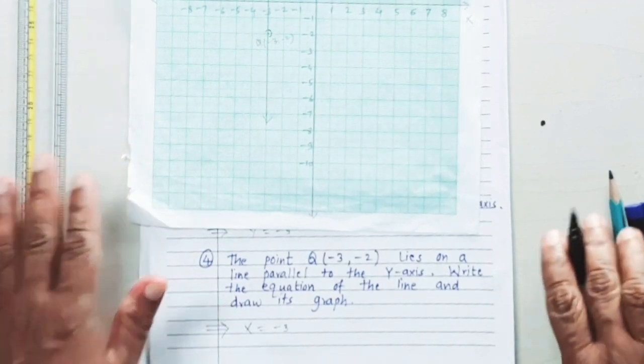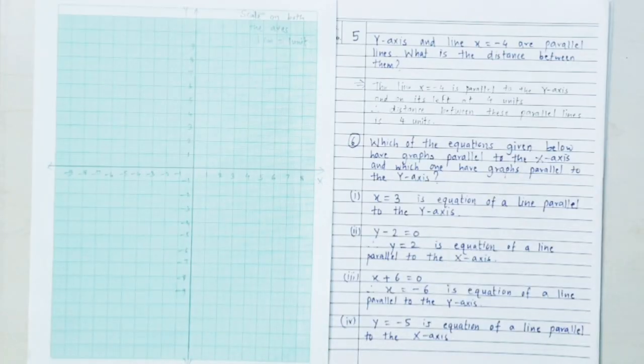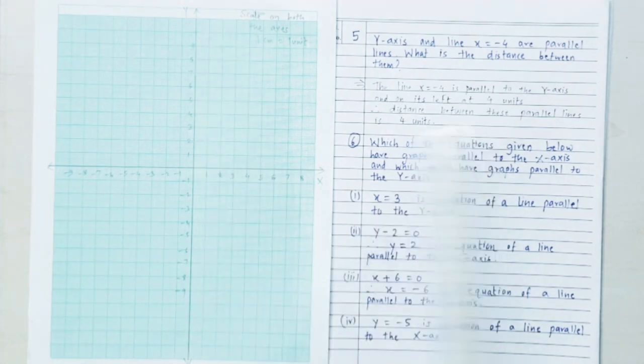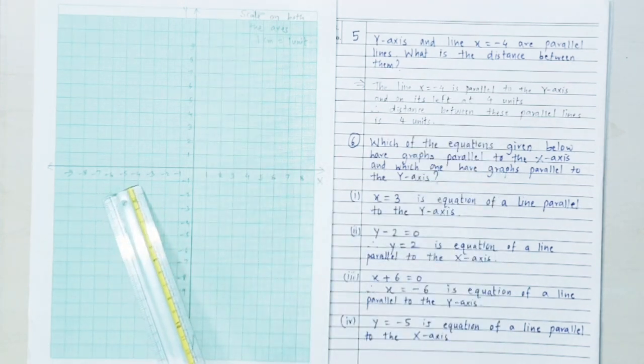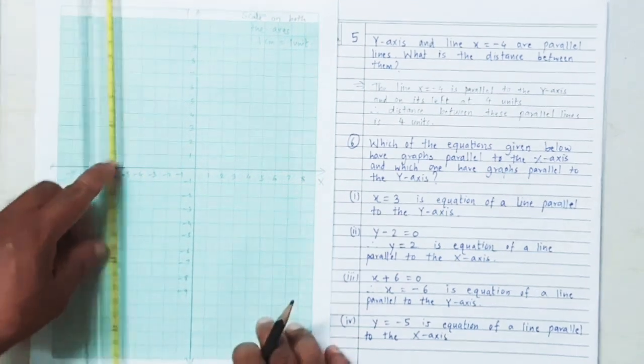So the equation of the line parallel to the y-axis is x is equal to minus 3. Number 5: the y-axis and the line x is equal to minus 4 are parallel lines. What is the distance between them?